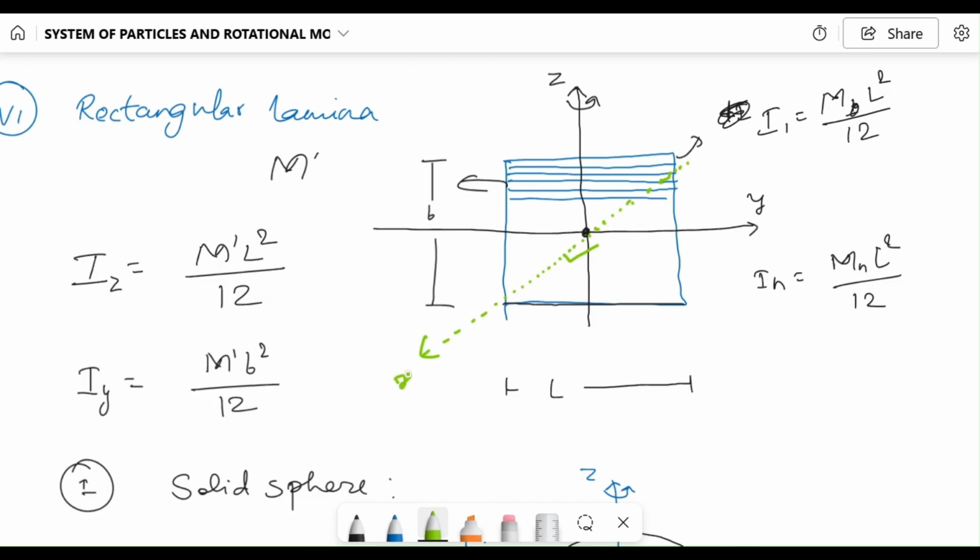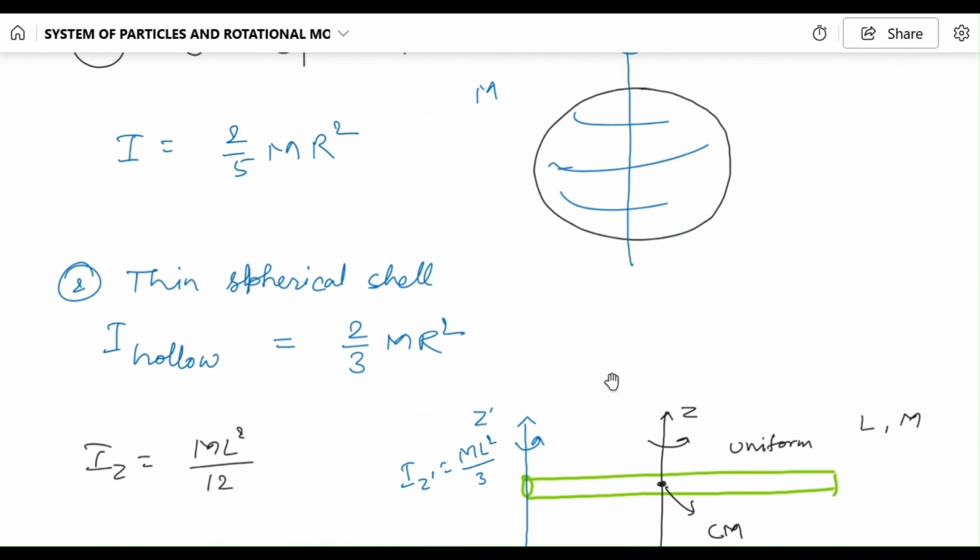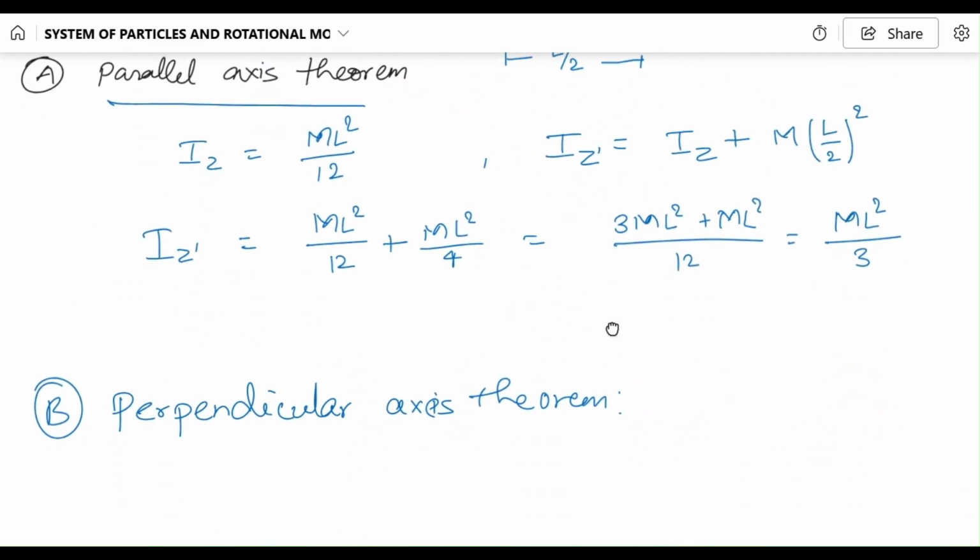So let's say this is the x-axis in our proper coordinate system. If we want to know the moment of inertia about this x-axis, we can use the perpendicular axis theorem. So be attentive about these things.